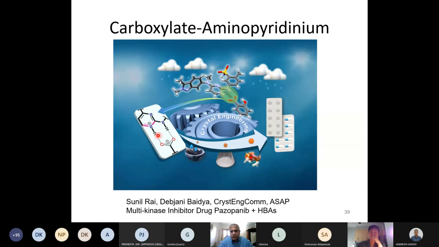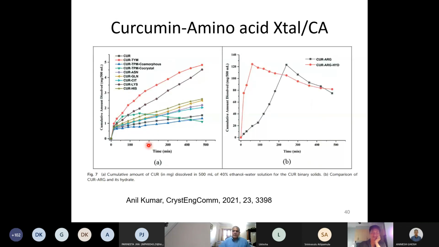The hydrochloride salt of the multikinase inhibitor drug pazopanib has already been studied in terms of its dissolution profile at different pHs. Now we are studying the different hydroxybenzoate salts as well. The last example I want to show is, as I said in the beginning, if your molecule is decided and you want to improve its solubility, you can take any of those 7 or 8 drug forms, pharmaceutical or crystal forms that were represented.